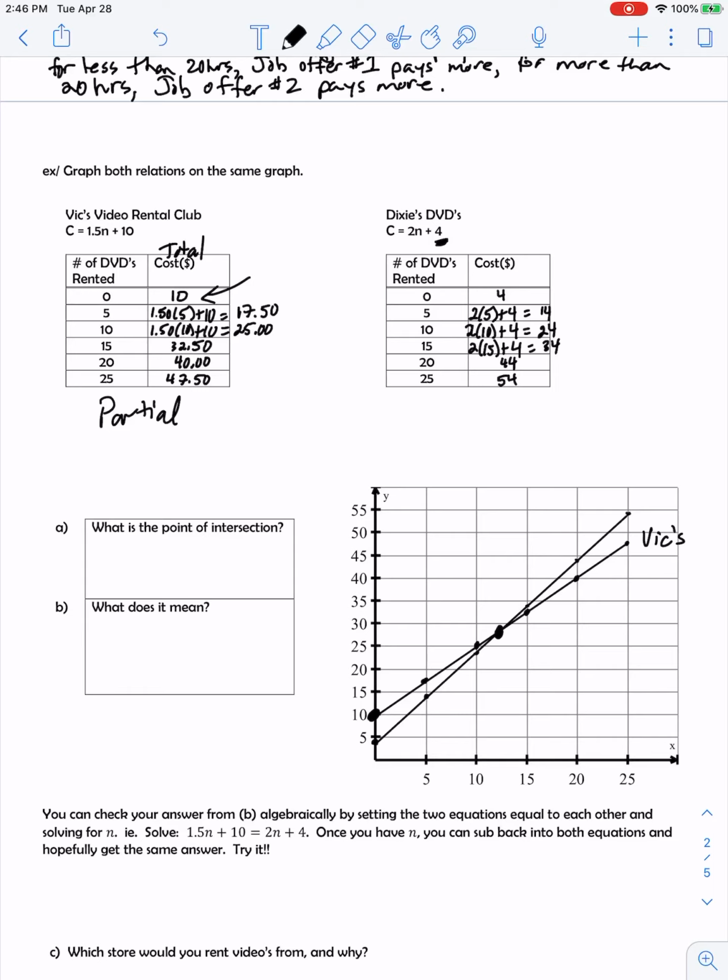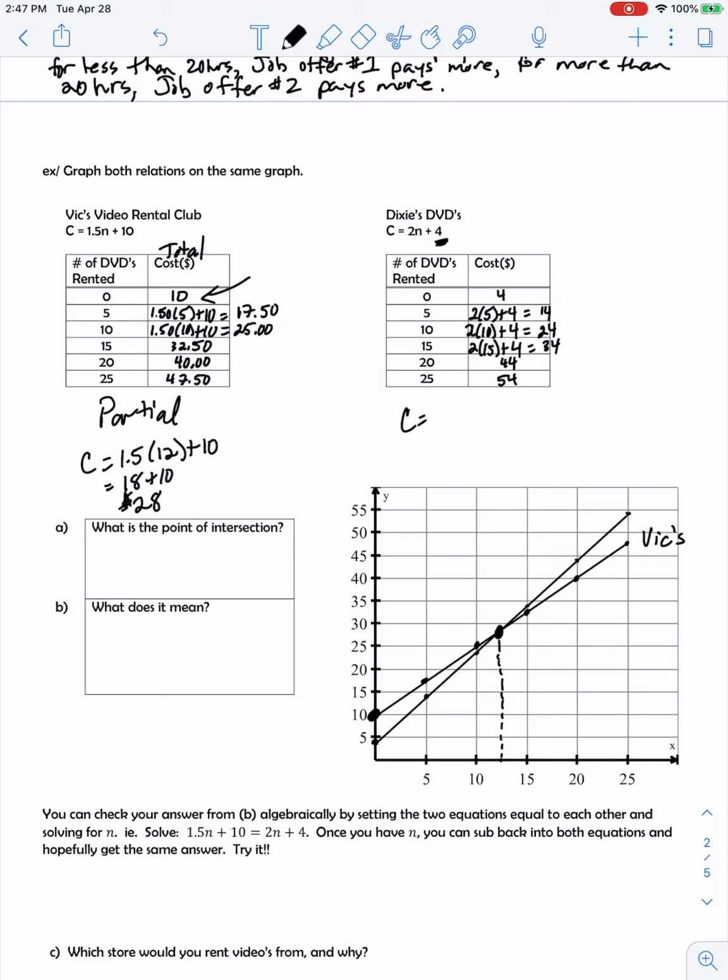So I think that this is at 12. It's somewhere around 12 or 13. So I'm going to test the number 12 in the two equations, because what should happen is the cost should be the same no matter which equation I use. So if I go to Vic's and I say, okay, if I have 12 videos, 1.5 times 12, that's 18 plus 10, that would be $28 at Vic's.